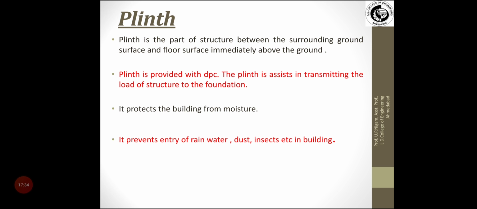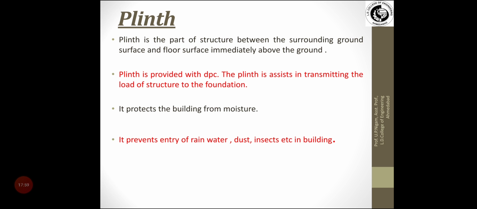Now the plinth. Plinth is that portion provided between the floor and the ground. Plinth is the part of the structure between the surrounding ground surface and the floor surface immediately above the ground. Plinth is provided with a DPC so that dampness may not be a problem there. So a damp proof course is provided.